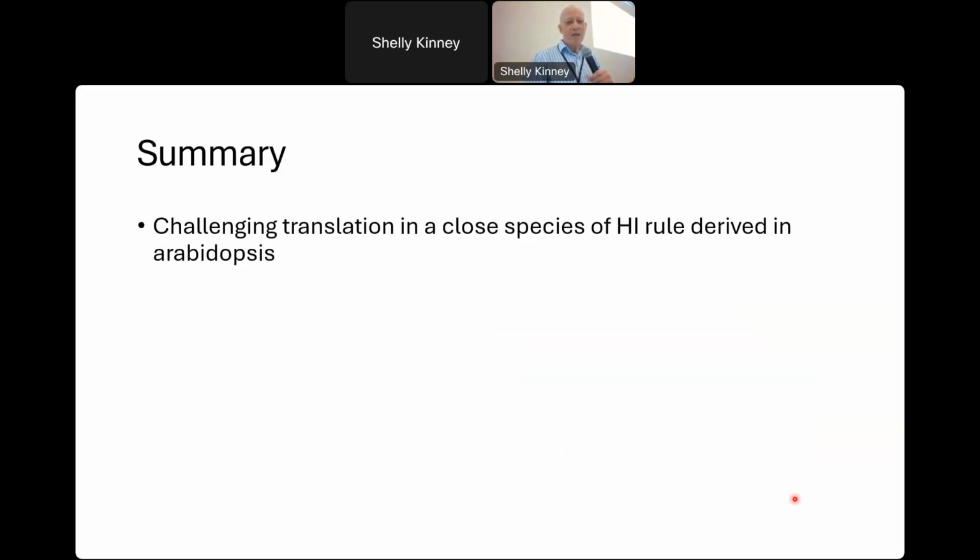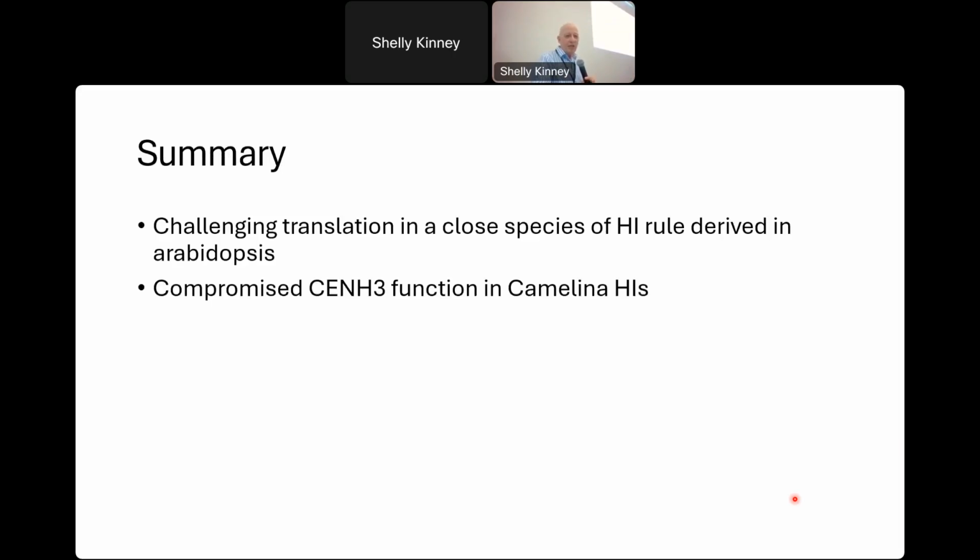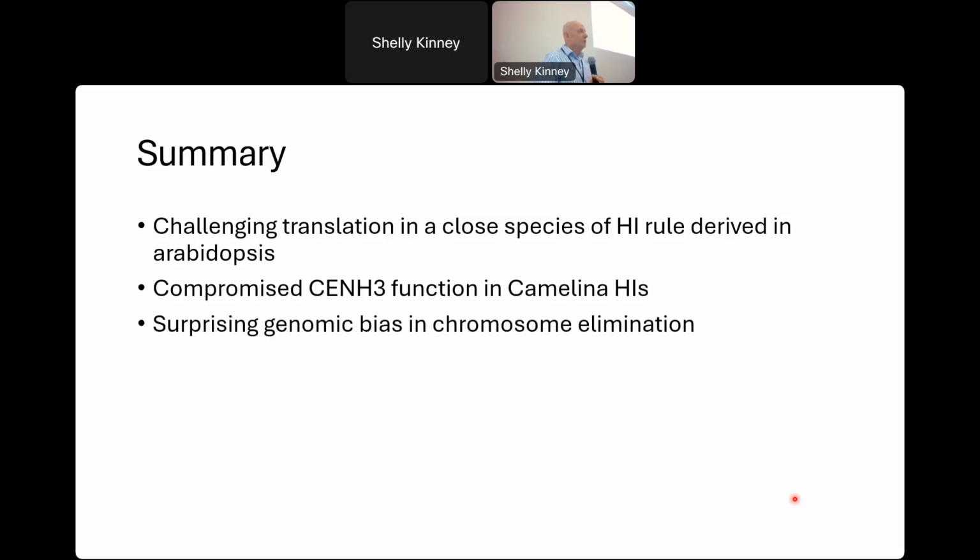So in summary, translating this technology from Arabidopsis to other species is challenging. It can be done, and Camelina shows you that it's not simple. Clearly we can compromise SNH3 function, but the result that you get may vary a little bit.